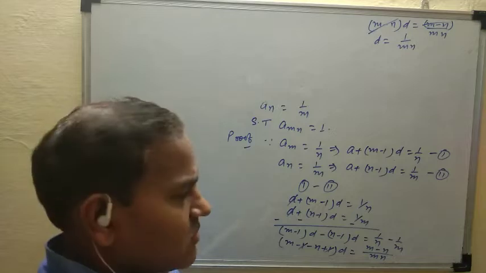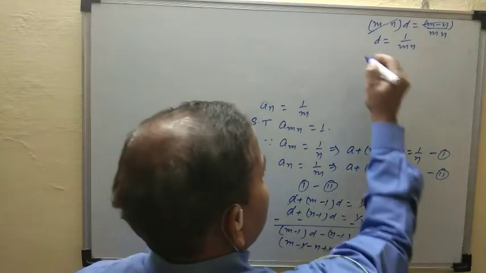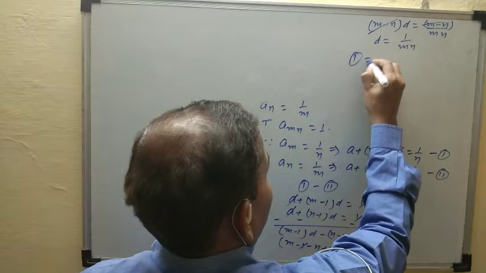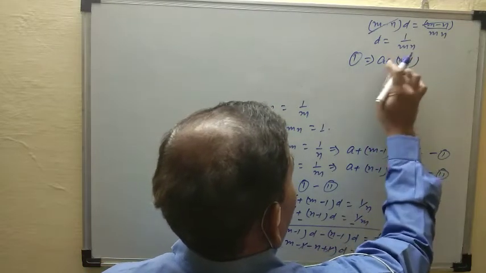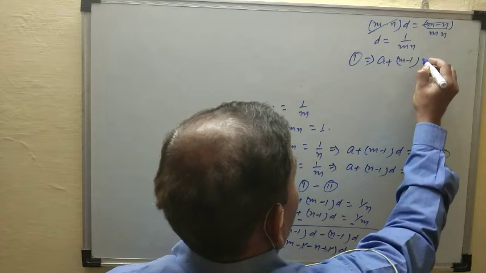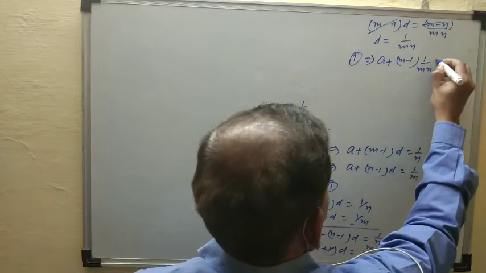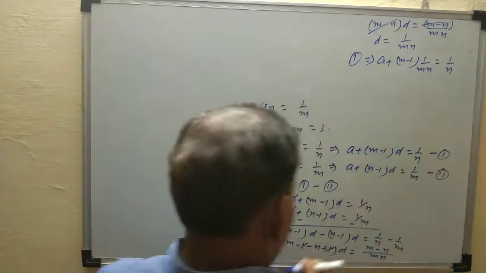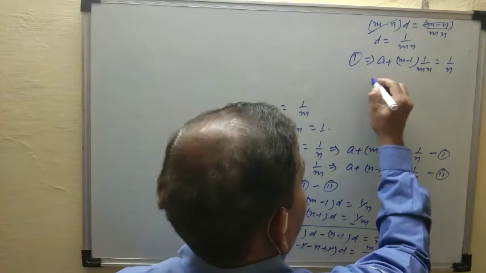Now find the value of a. So putting the value of d in first, a plus m minus 1 into d, that is 1 by mn, is equal to 1 by n. Here put the value of d. Now open the bracket.